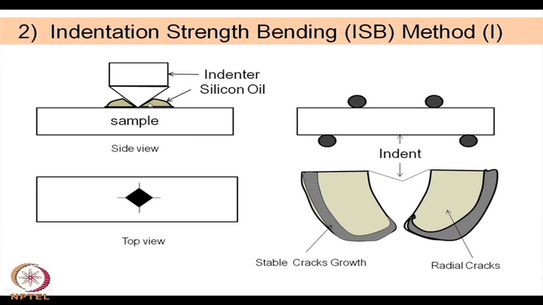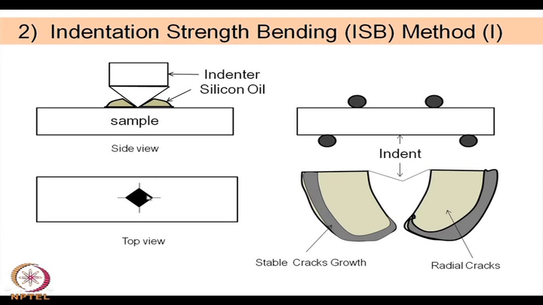Silicon oil is placed primarily to protect the indented surface from atmospheric contamination and atmospheric effects. So, after the indent is formed, it is a combination of both fracture. As if we are making a notch by indenting.